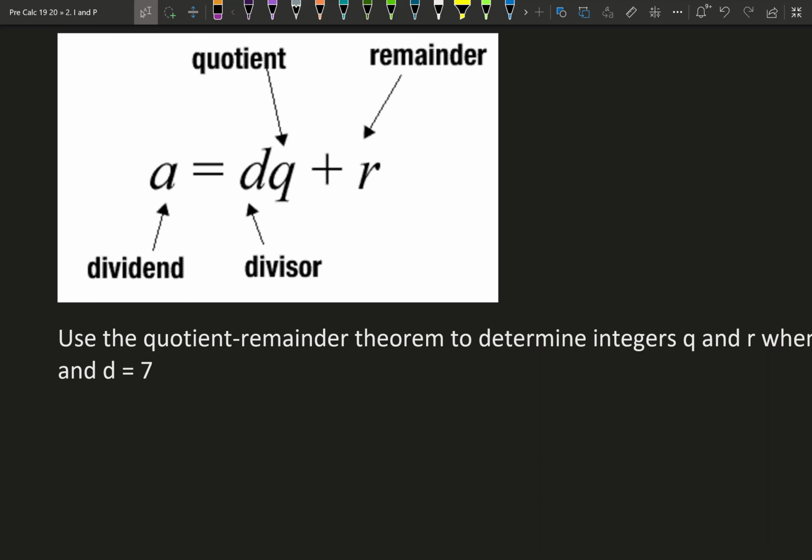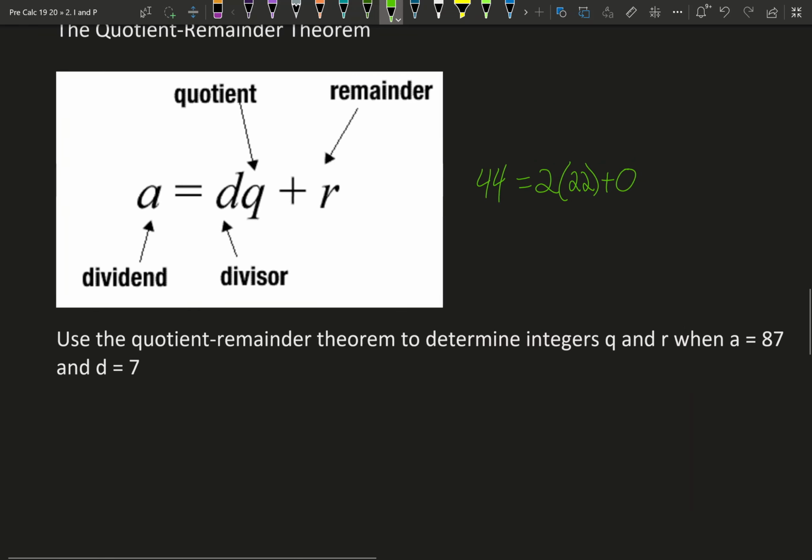So think about that first problem that we did. Our dividend was 44. Our divisor was 2. Our quotient was 22. And then our remainder was 0.